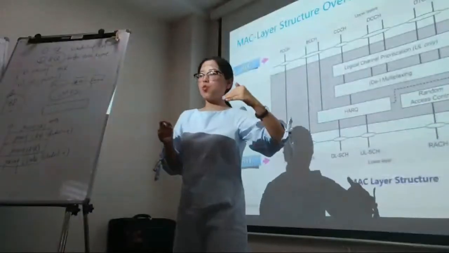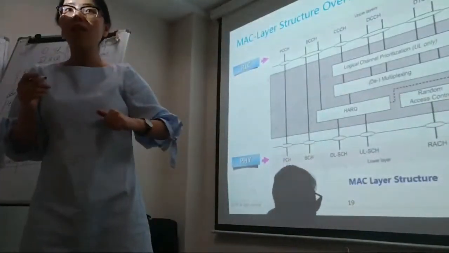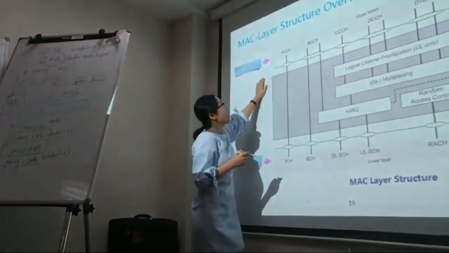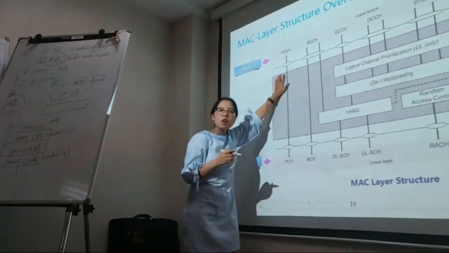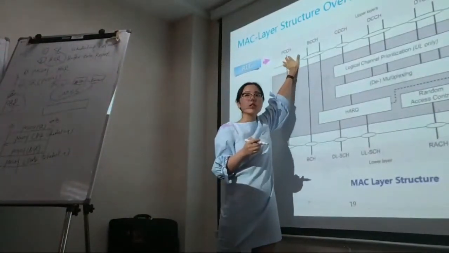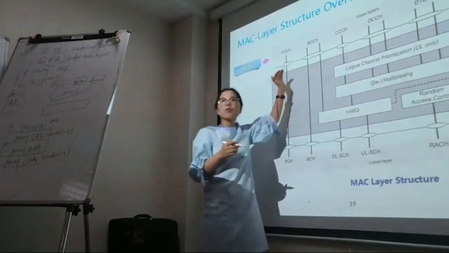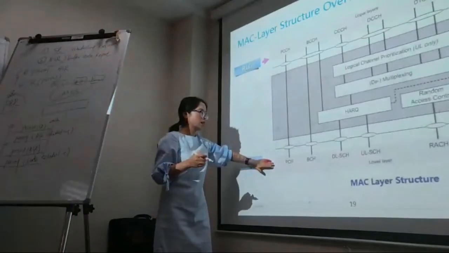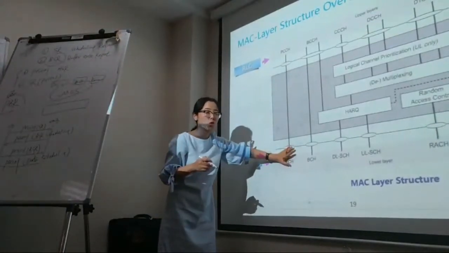This is the function, and we can think of it as one procedure. Here in the upper part is the RRC layer. From the RRC layer to the MAC layer, we use the logical channel, which means different information, different services. And from the MAC layer to the physical layer is the transport channel.